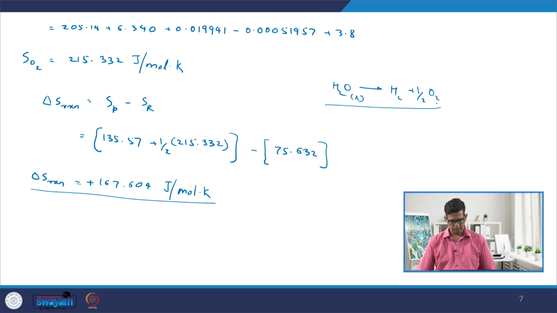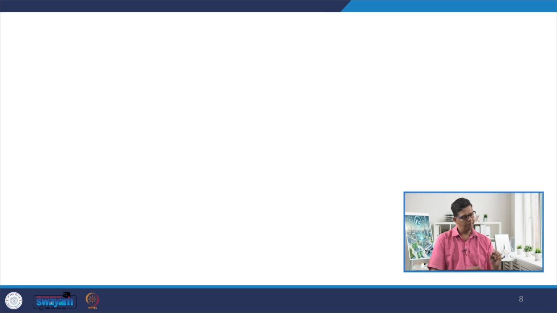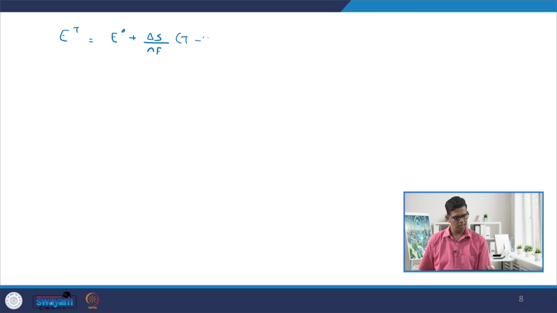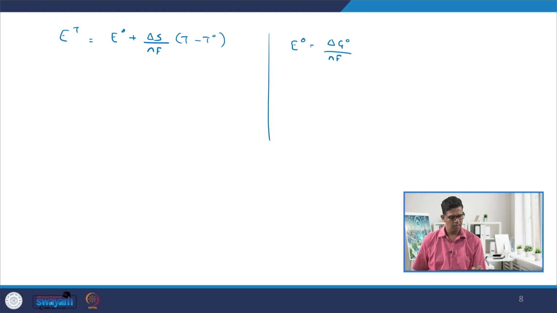So, let us find out the ET. So, ET, as we know, is E naught plus entropy by nF times the temperature difference. So, here E naught, let me write it here. We have done this calculation before. E naught is basically minus delta G naught by nF.